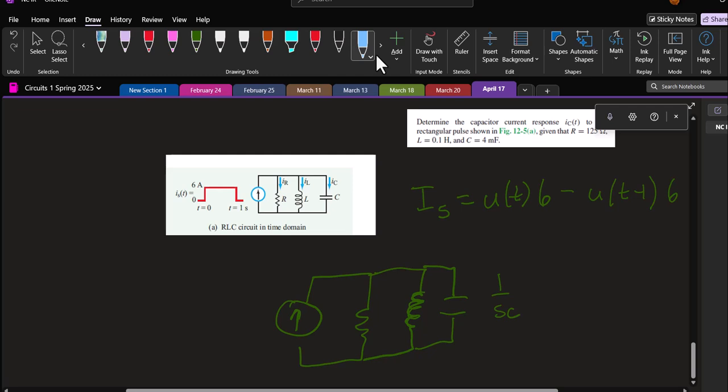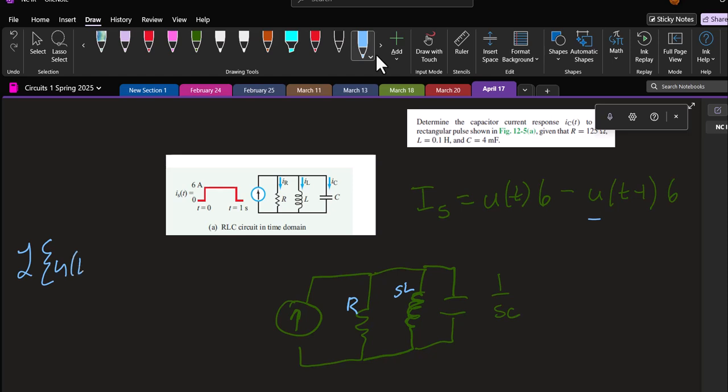The inductor becomes SL. The resistor remains R. Now I need to take the Laplace transform of u of t times 6 minus u of t minus 1 times 6.